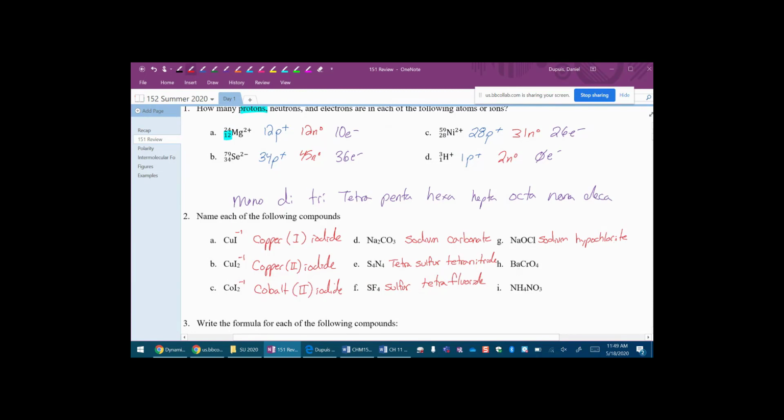H, barium. Barium is a group 2 metal, so it's barium. No Roman numerals needed because it's always +2, and that's chromate. And then I recognize it's ammonium and nitrate.